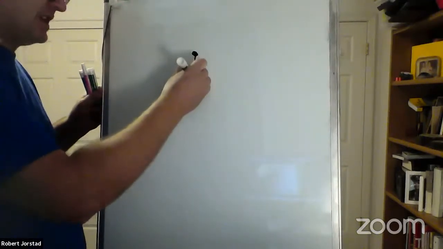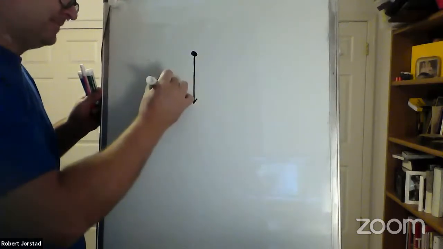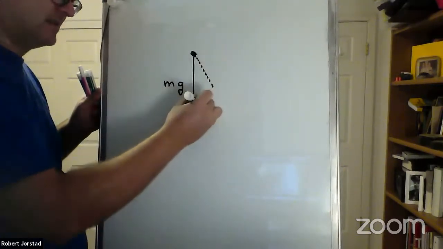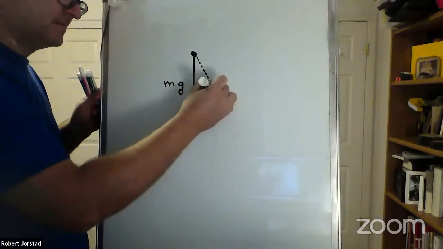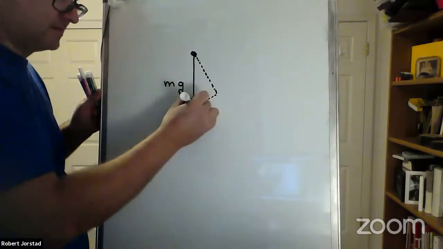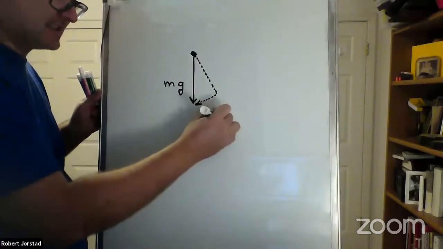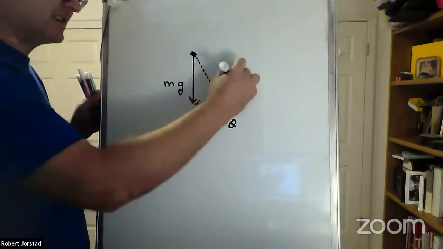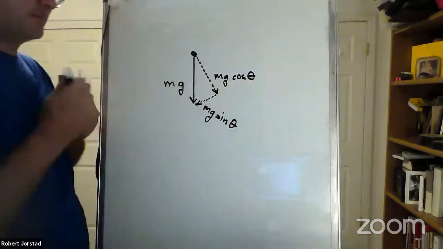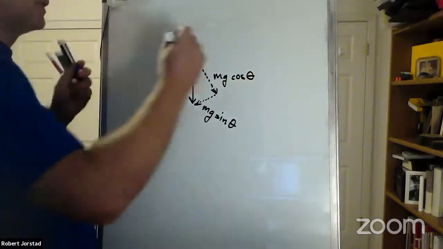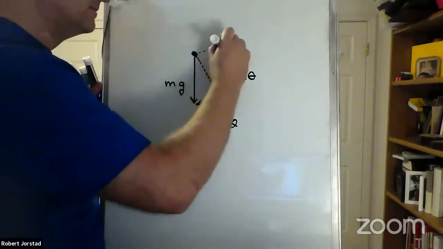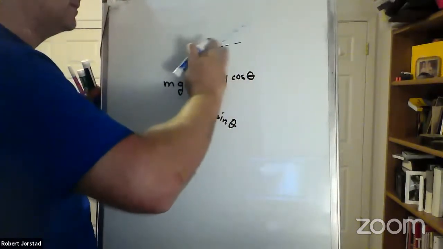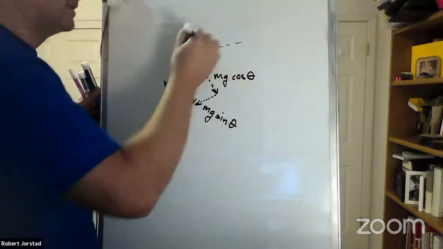I know that mg is going to point straight down. And I know we just talked about this. This is mg sine theta. This is mg cosine theta. I had a tension over here. I think it was at some weird angle. That's a technical term.